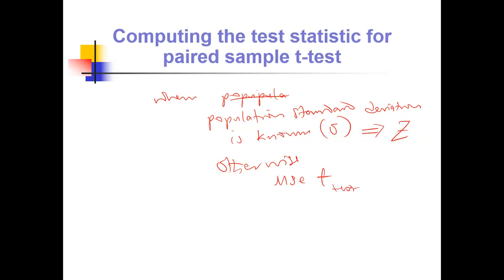In reality, most often we're actually doing a t-test, because hardly do you know the population standard deviation. Okay, so this is our decision.